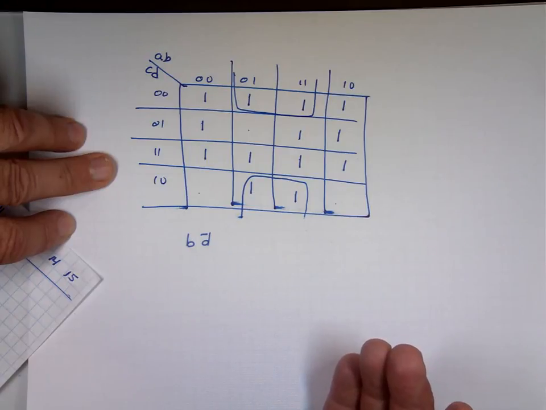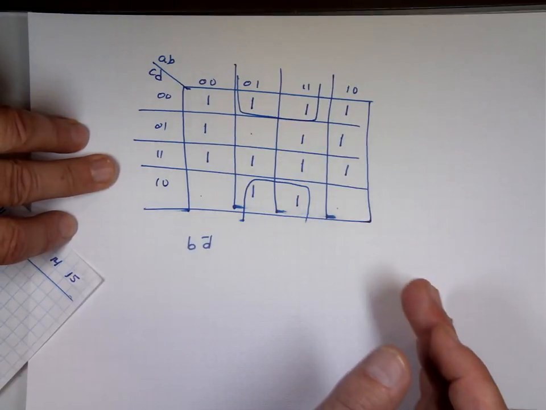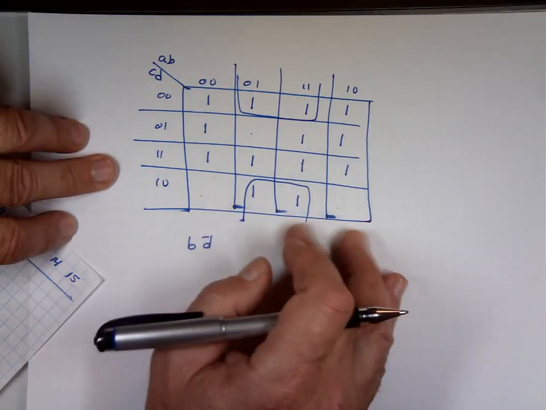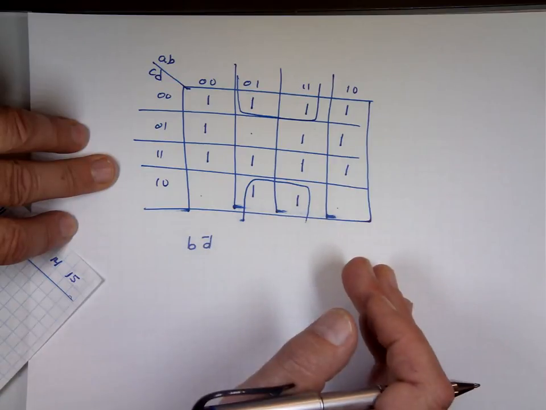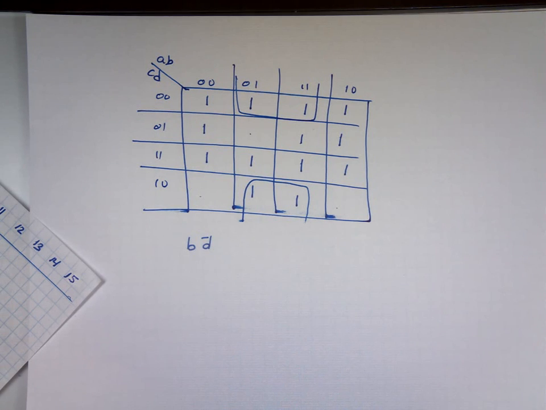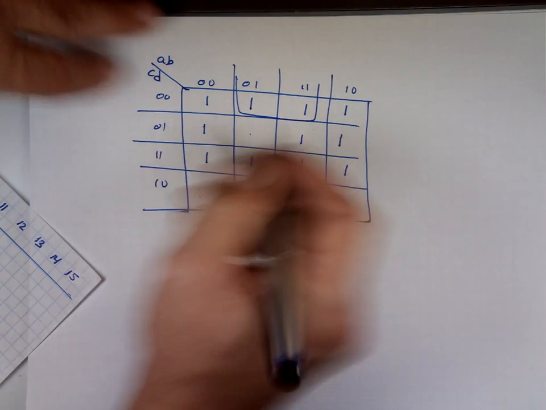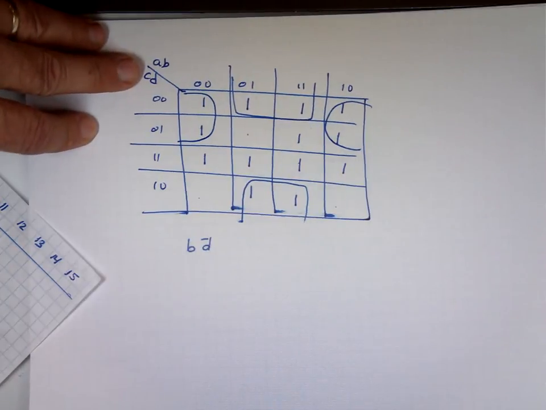One, two, three. Top two on the left, top two on the right? I mean, these two? Yes. You can. Let's look and see if I have a better choice. If I do that, that'll give me what?